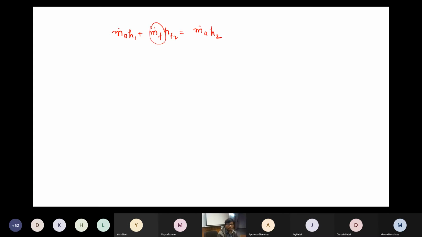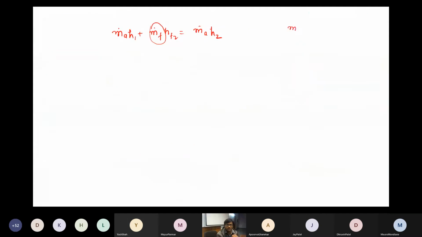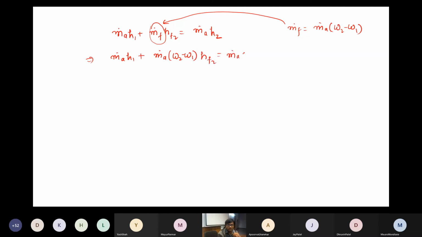Also m dot f we have already calculated. M dot f is equal to m dot a times omega 2 minus omega 1. Let me substitute it over here, and I can write m dot a h1 plus m dot a times omega 2 minus omega 1 times hf2 is equal to m dot a h2.